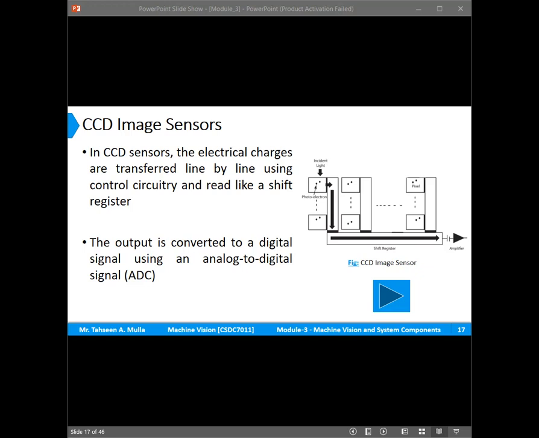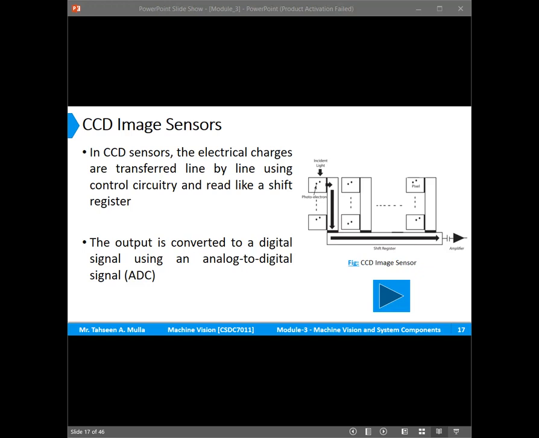The moment we have lens, there will be different lenses. So the moment we talk about the first component as image sensors, we have two types of sensors. First is the CCD, that is charged coupled device, and second is the CMOS. CCD we have completed in our previous lecture, even though I'll revise it.